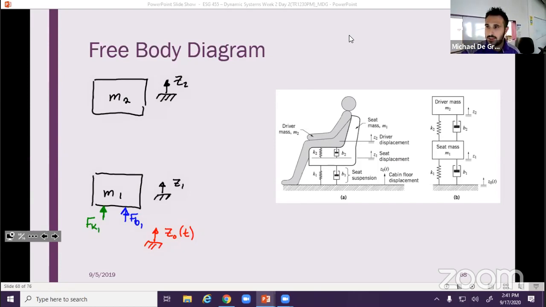Further, I'm going to assume that that's also going to compress the spring between the driver and the seat, right? Because why not? Because I can. So that's going to be FK2.